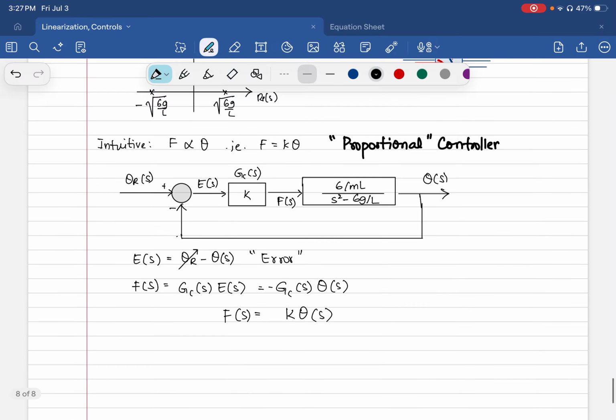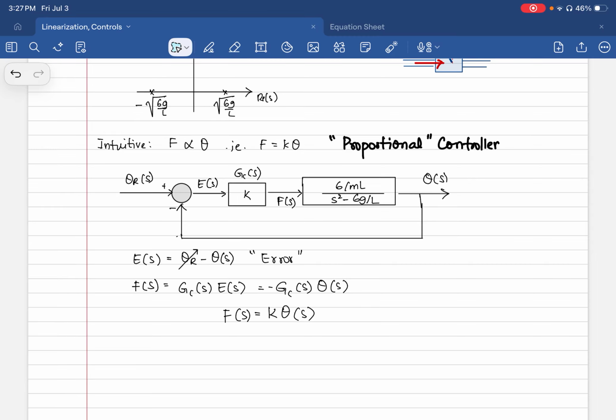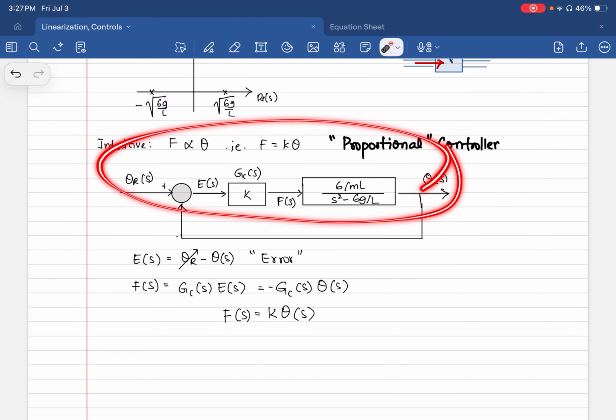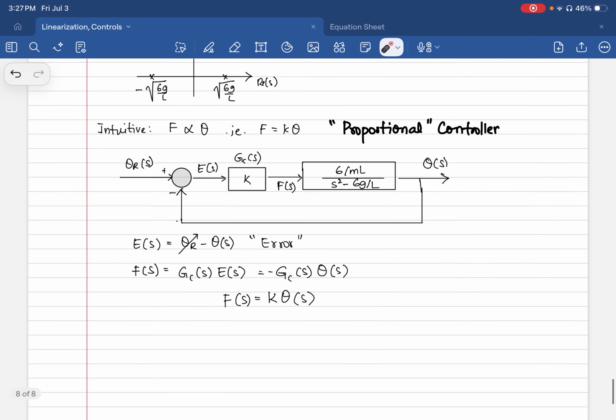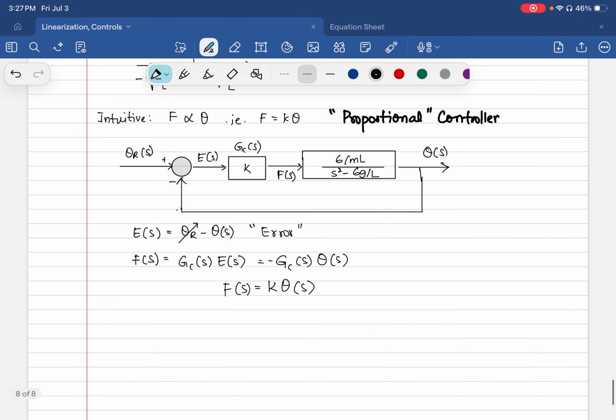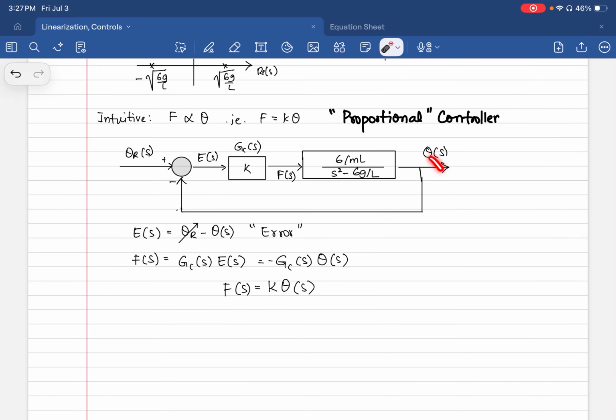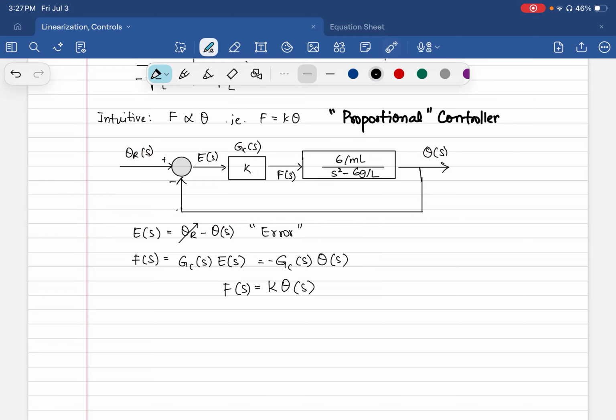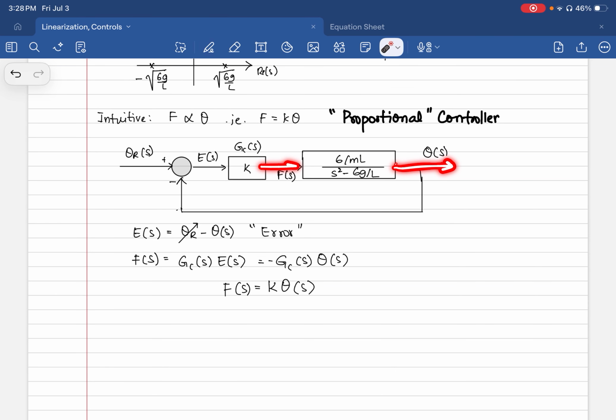So now what is the entire transfer function for this system? That is, how is theta of s changing as theta r of s is coming in? So just look at this as a system. Essentially, this theta of s is F of s times this. F of s is k times the difference between theta r and theta of s.